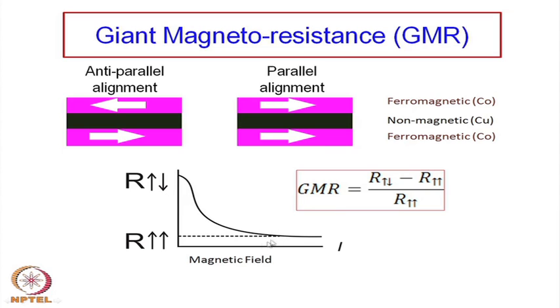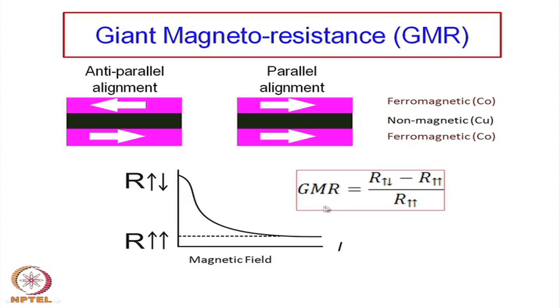When we apply an external magnetic field the orientation gets changed, and because of the change in orientation there is a change in the resistance of this system.